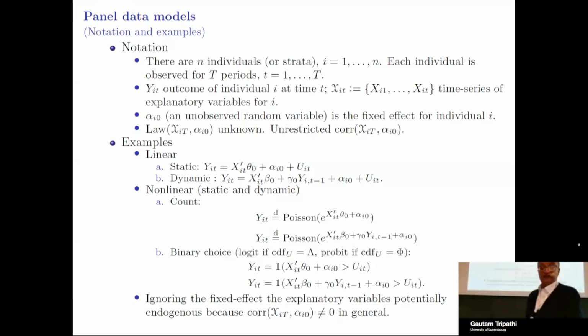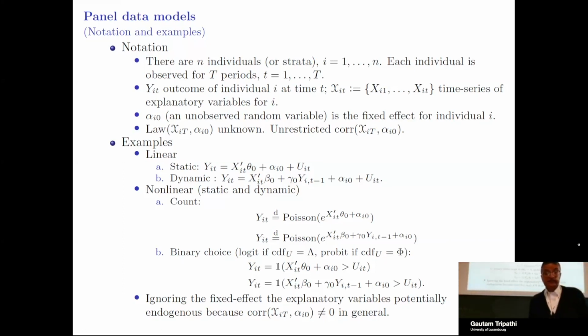And if the y's are Bernoulli random variables, you can have a binary choice model. So for example, you have a static binary choice model where y is 1 if the condition inside the parentheses is satisfied, and you can have a dynamic version of this binary choice model.